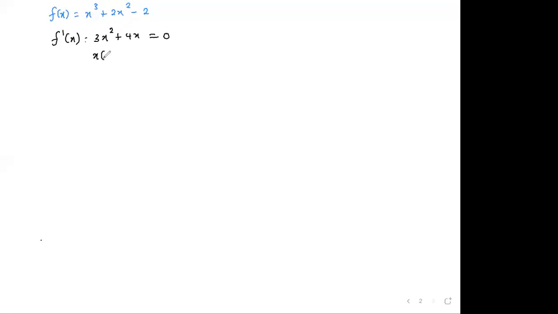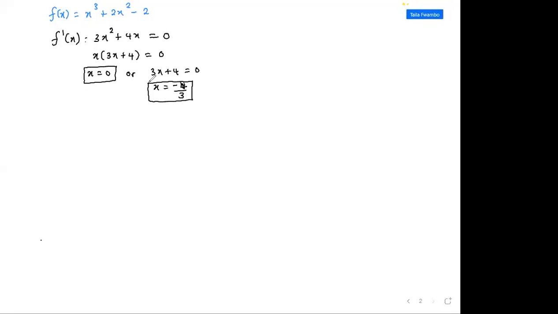So you factor x, remaining 3x plus 4 is equal to 0, meaning x is either 0 or 3x plus 4 is 0. So x is minus 4 over 3. So from there, I have this, and I have that.